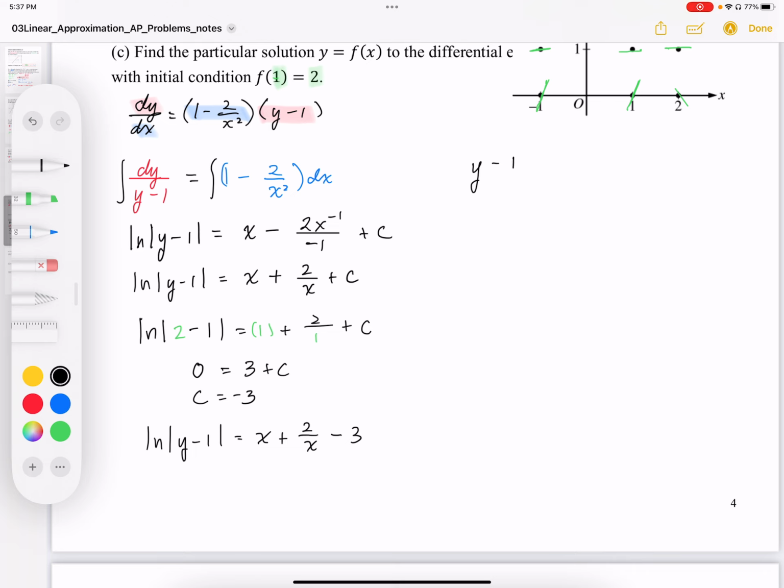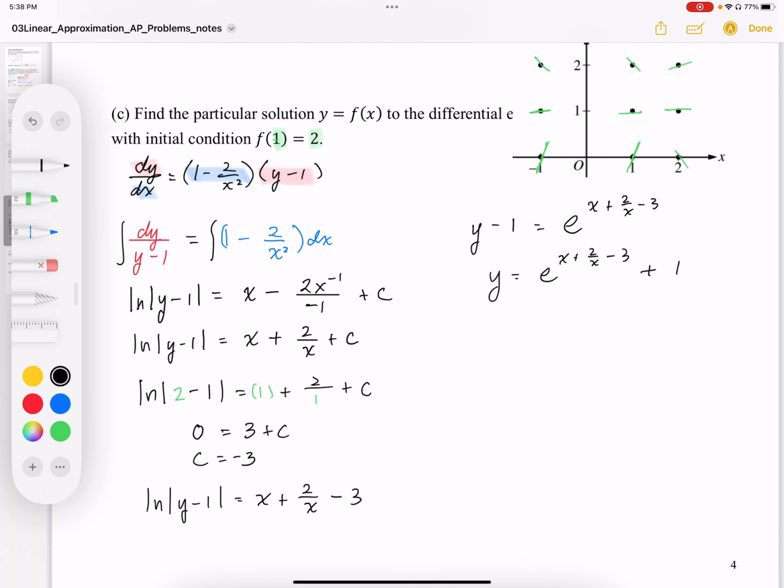So y minus 1 is equal to base e, and the exponent is x plus 2 over x minus 3. And then rewriting this, this becomes y equals e to the x plus 2 over x minus 3, and then plus 1. Okay, so that would be the solution of f of x.